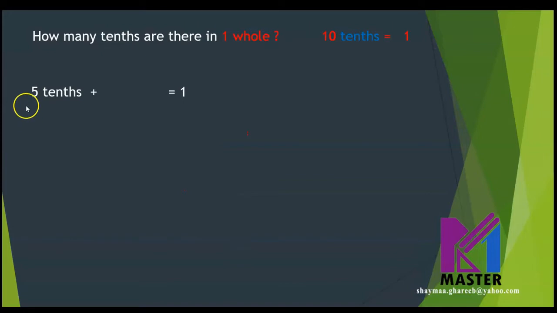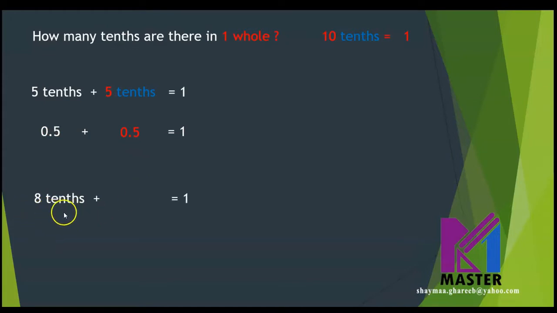Let's see one more example. If I have 5/10, then I need to complete them to be 10/10. So it will be 5/10 and 5/10. If I want to write them as a decimal, 5/10 is 0.5. So it will be 0.5 and 0.5, which is 1. 5/10 and 5/10 equals 1 whole.